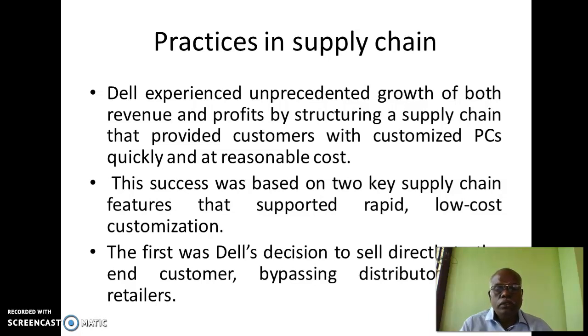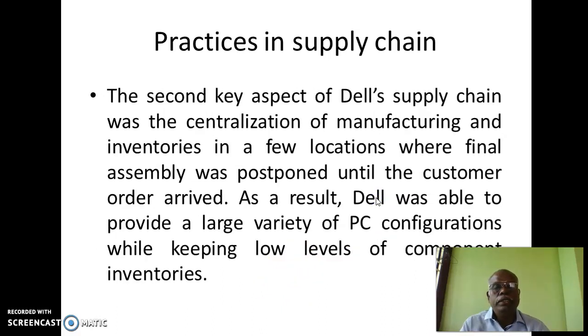One is Dell's decision to sell directly to the end consumer or customer, bypassing the distributors and the retailers. That is, Dell started selling the products to the customers directly. That is one practice. The other practice is that Dell's supply chain was a centralization of manufacturing and inventories in a few locations, where final assembly was postponed until the customer order arrived.